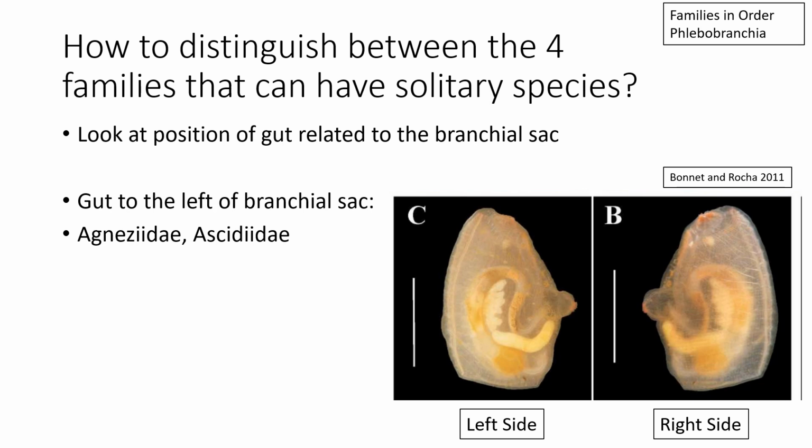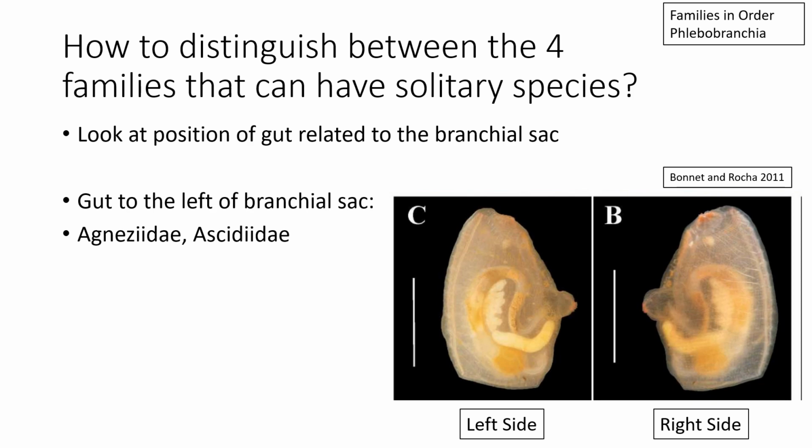You might also be able to see that the intestine ends right about at that atrial siphon, so the feces are going to be released through the atrial siphon. The atrial siphon is on the dorsal side. We think of that in invertebrate biology as the back of the animal.